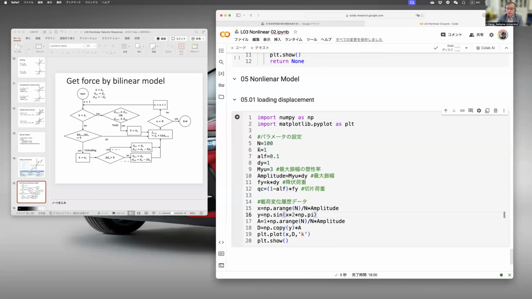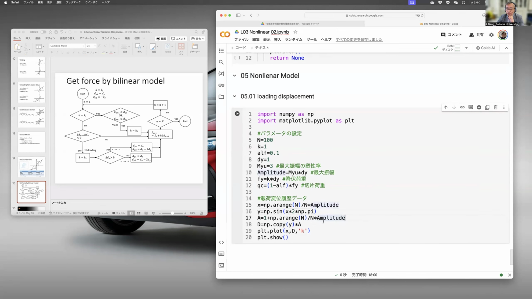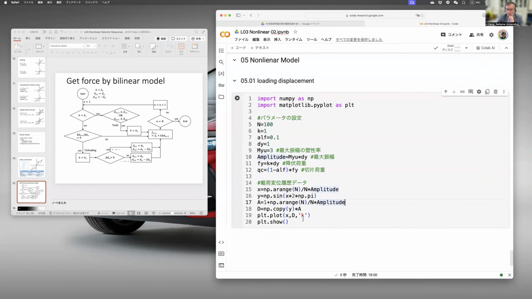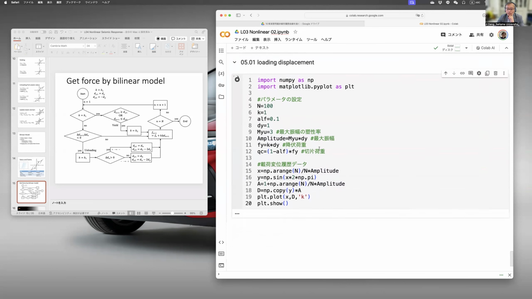So y will be a sine wave with amplitude A, which changes from small to larger, and D will be the displacement we give them. Okay.